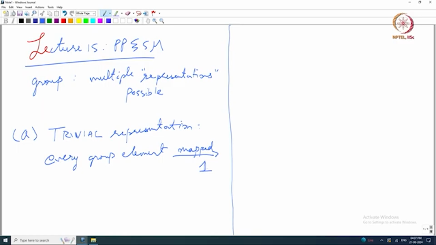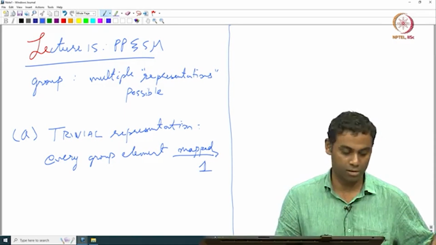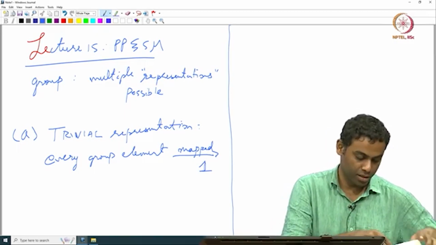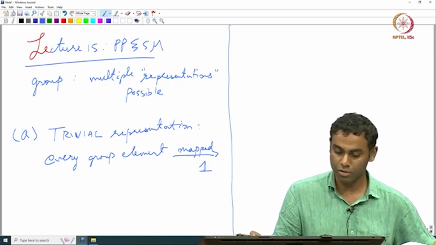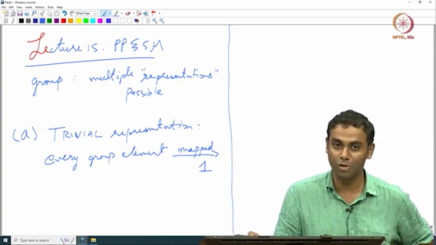So you might wonder how this is a group actually. What if every element is mapped to just the number 1? Well, it actually does form a group. If you go back and see all the properties of a group, it does satisfy associativity, inverse, identity and so on. So of course you can always represent the entire group with just the number 1.